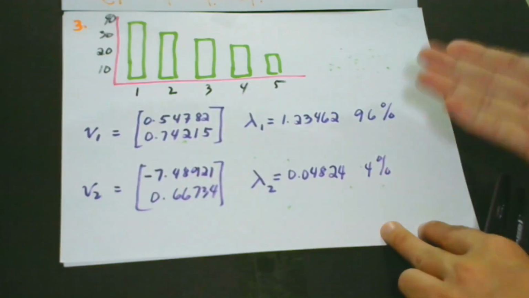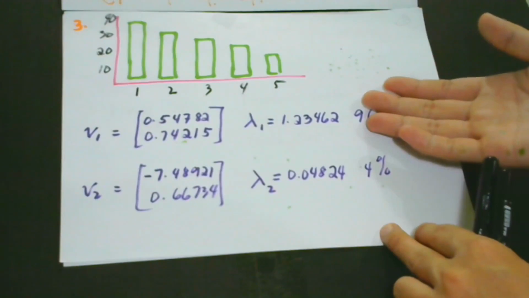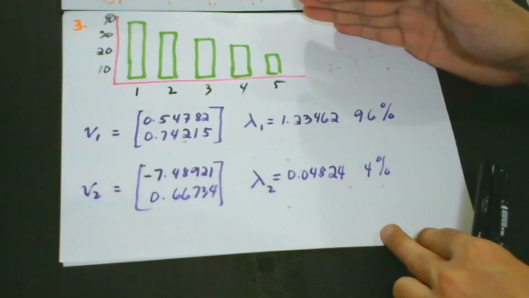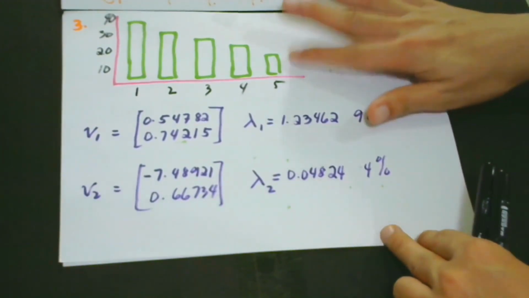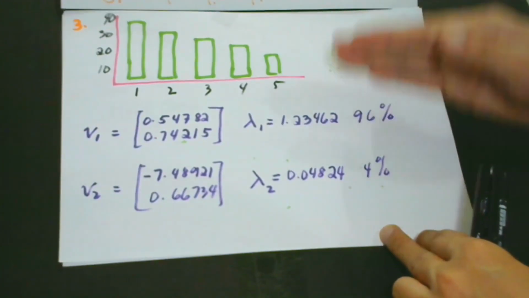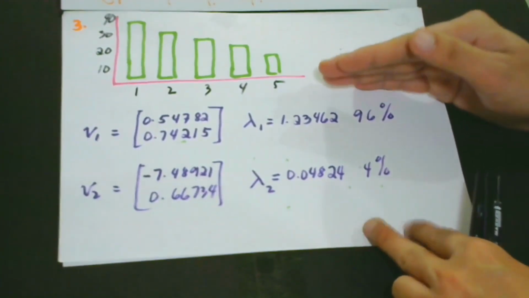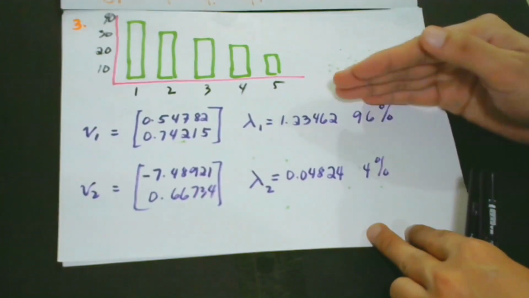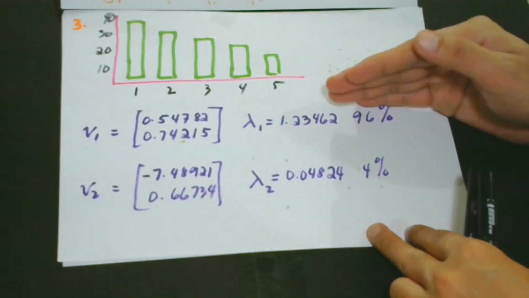So maybe you would want to ask this time, what's the effect of organizing information this way? The answer is that this kind of organization allows us to reduce dimensionality without losing much information.